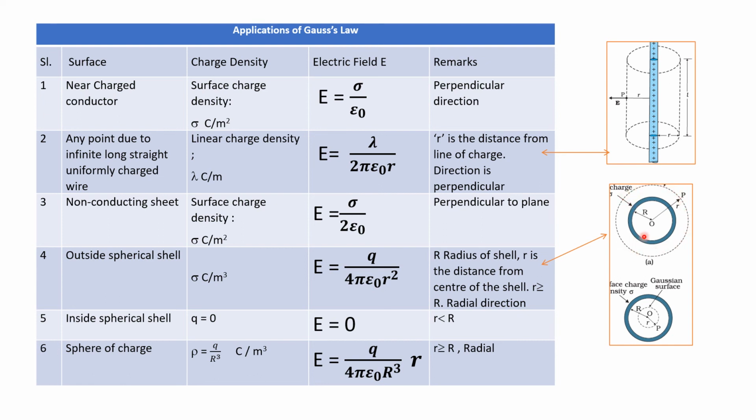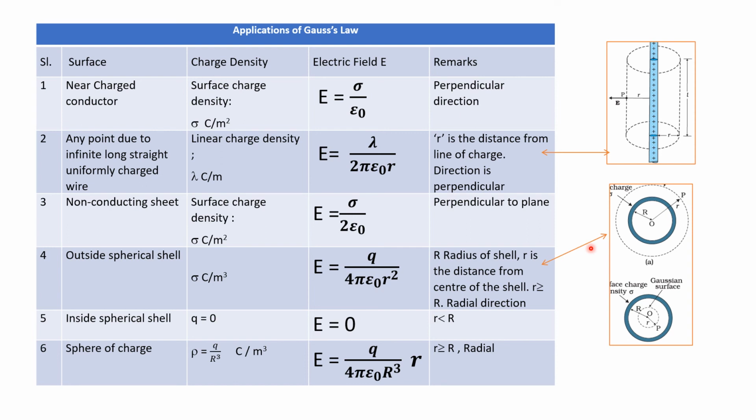So, E is equal to Q over 4 pi epsilon naught r square, where capital R is the radius of the shell, and small r is the distance from O to P. That is, O is the center. Here small r is far greater than capital R, so r is outside the shell. In this case, the electric field intensity E is given by Q over 4 pi epsilon naught r square.